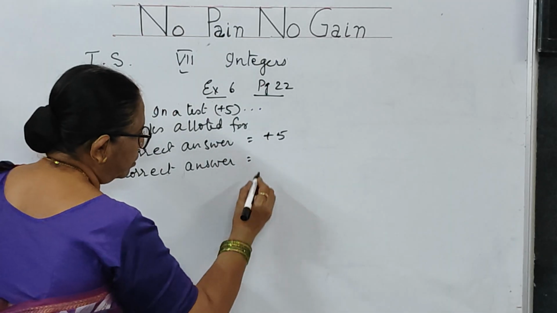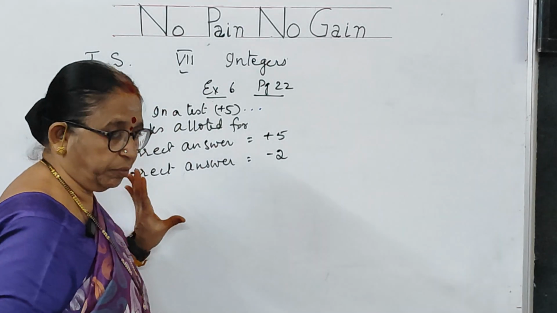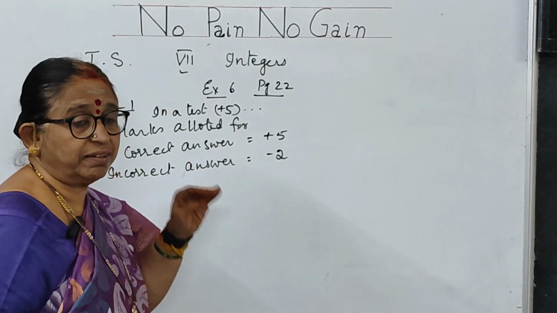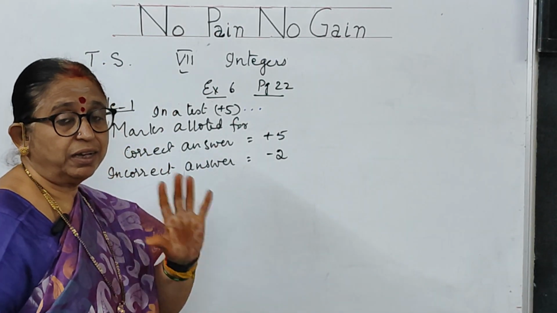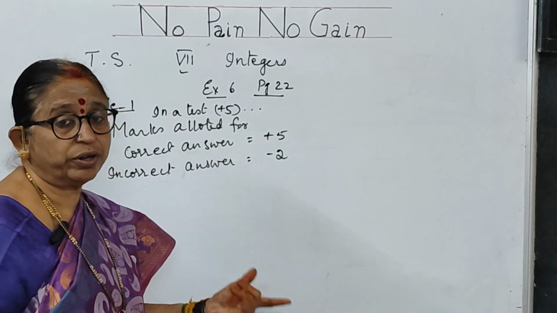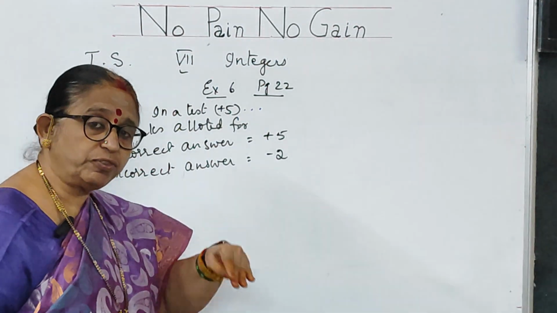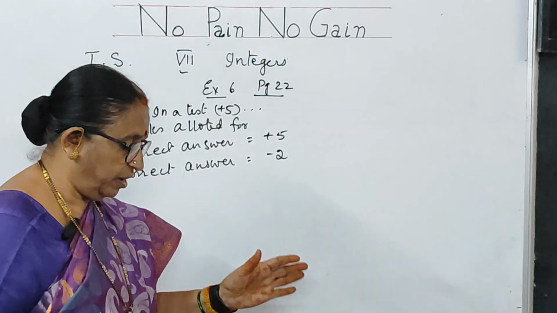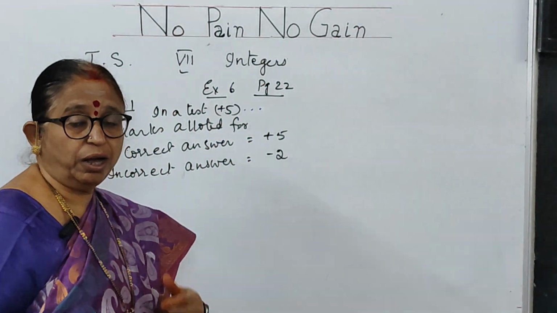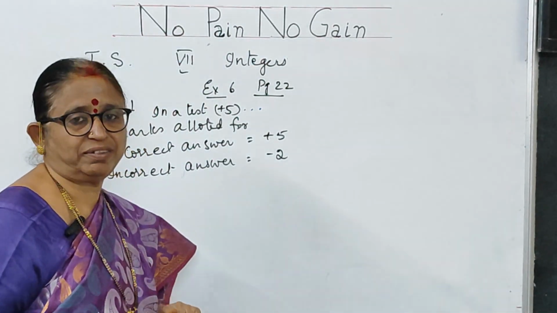They told that it is -2 marks. So this is the basic of the problem. If anybody answers the question correctly, 5 marks they'll get. If they write it wrongly, incorrect, -2 marks. 2 marks will be reduced from how many marks they have got earlier. I told you earlier also about the difficulty of answering this negative marks test.